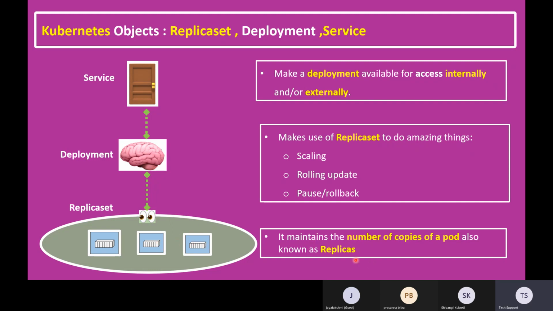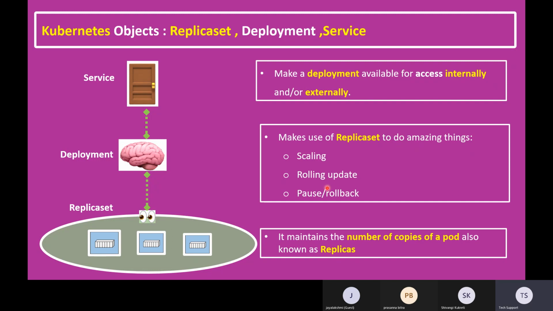So that means we should always maintain some replicas. Replica means maintaining a number of copies. In this diagram, for easy understanding, I highlighted three copies. Now how we maintain these pods is by making use of these replicas to do amazing things like scaling and rolling update.